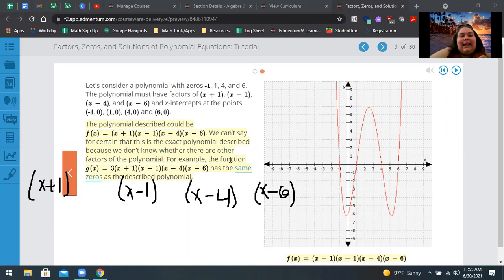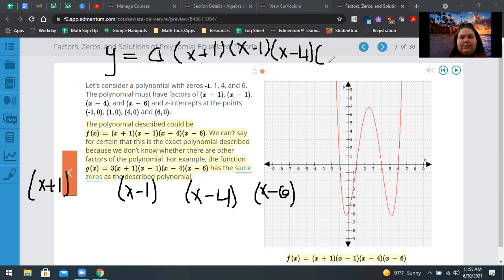The thing is, it has this a value sitting in front. So if I were to put them together, I can say that this is y equals a times (x plus 1)(x minus 1)(x minus 4)(x minus 6).